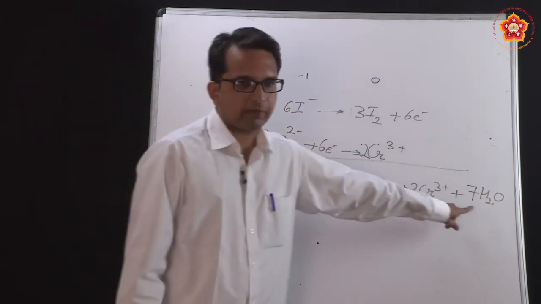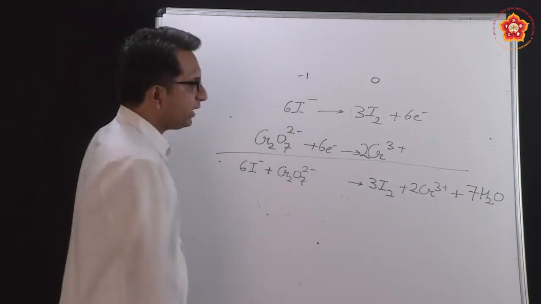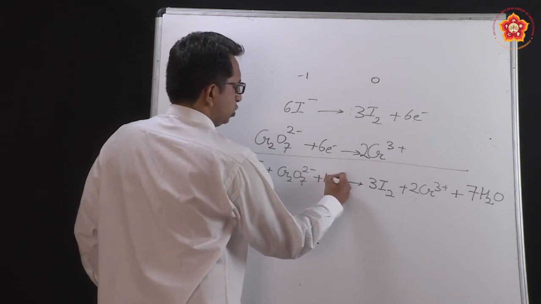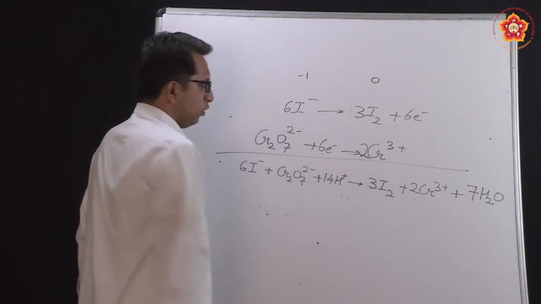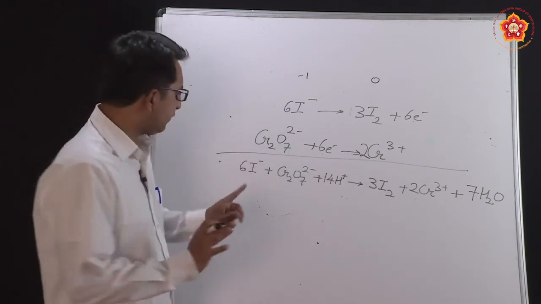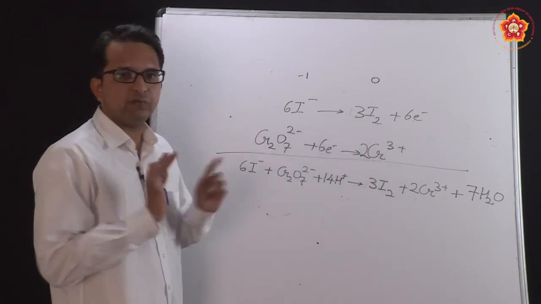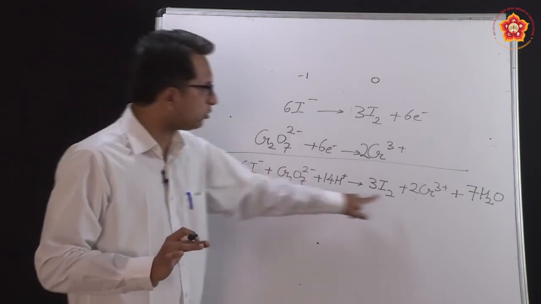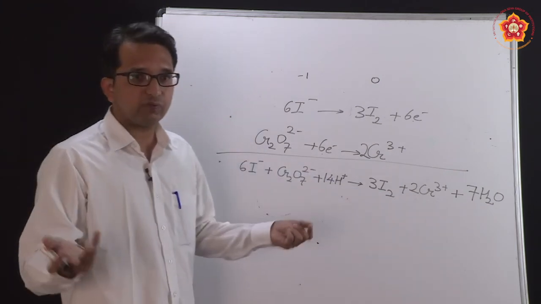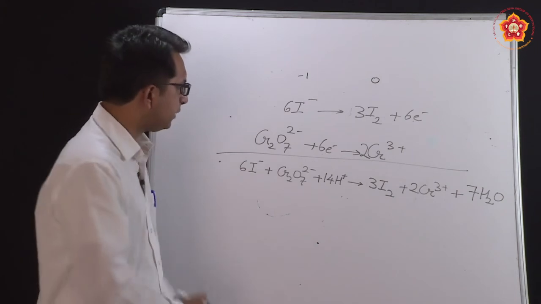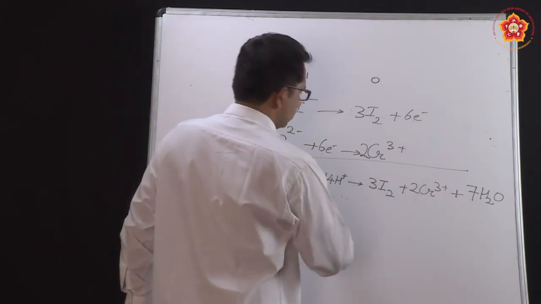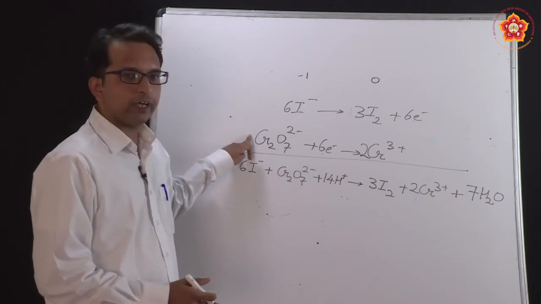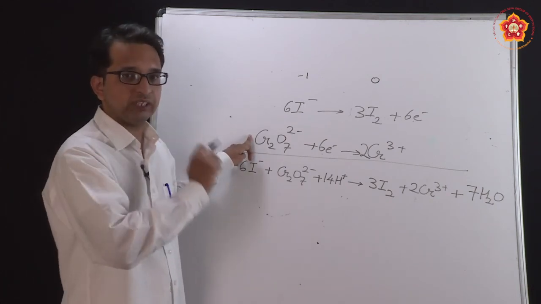Now this 7 H2O has brought in 14 hydrogens into the picture, so I am going to take it as 14H+. Just for verification, check the entire reaction to see if it is balanced or not. 6 iodine, chromium in total 2. Similarly the charges are different because that is where the loss of electron has happened. 14 hydrogens and 7 oxygens in this case. This is how potassium dichromate can act as an oxidizing agent.